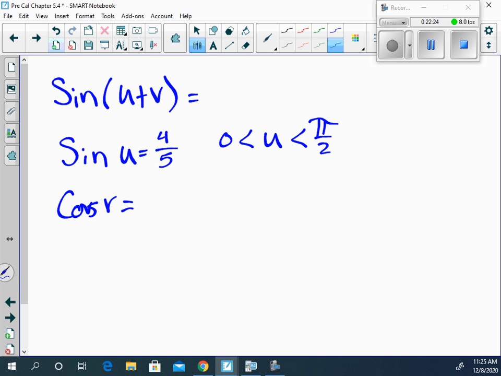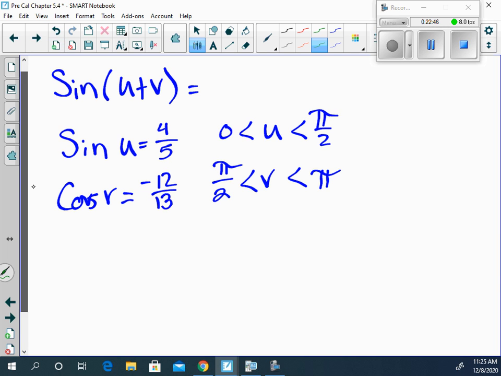Cosine of v is equal to negative 12/13 and pi over 2 is less than v is less than pi. So the cosine, right? Yep.